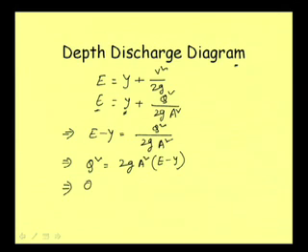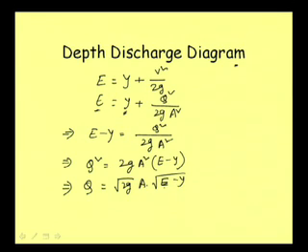This will give us Q is equal to A root over twice g, then root over E minus y. So, this is the relation we are getting, Q versus y.